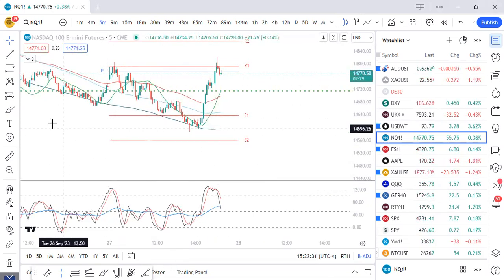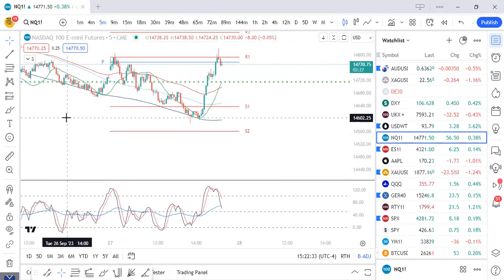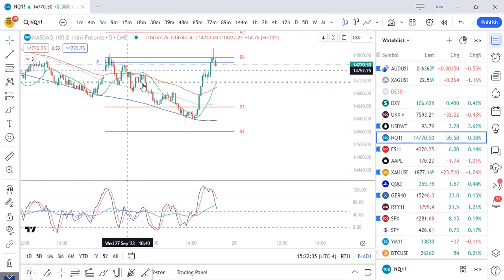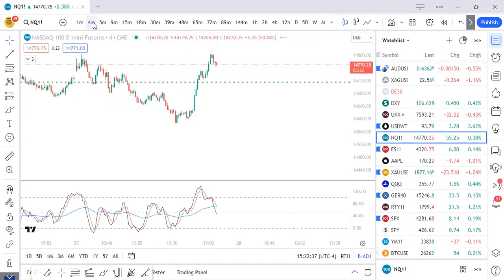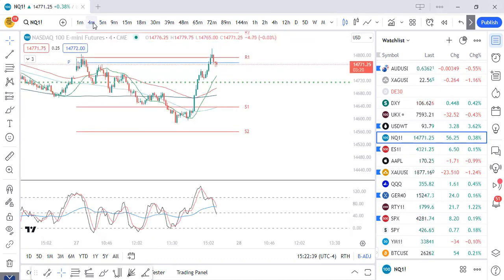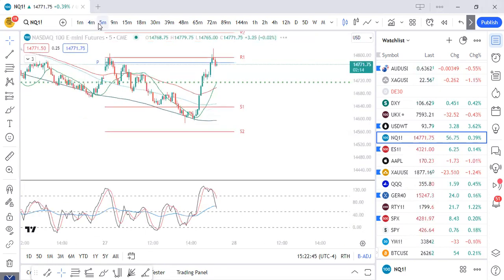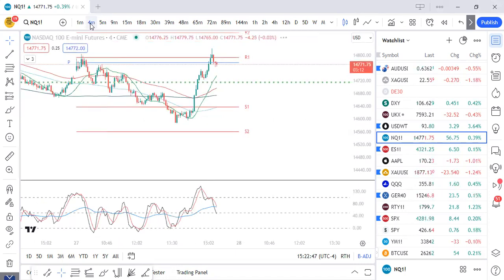And I just showed you in the last 2, 3 days since I've been trading this that it is very good in intraday. In 4 minutes, it is deadly. Why? Because it is designed for 4 minutes. But you can also trade it in 5 minutes. It's almost the same. You guys only need to trade the New York session.